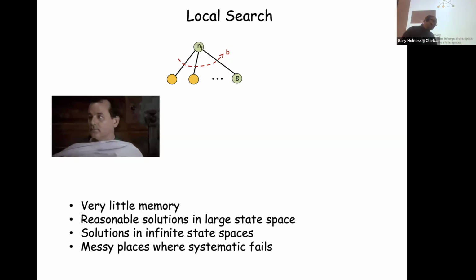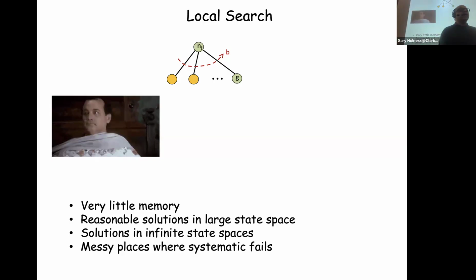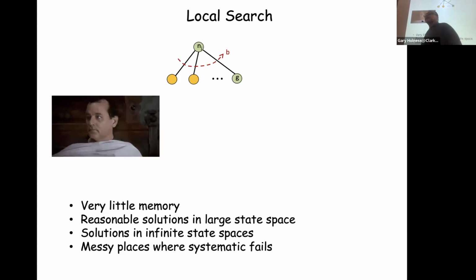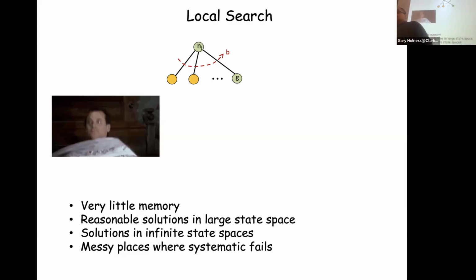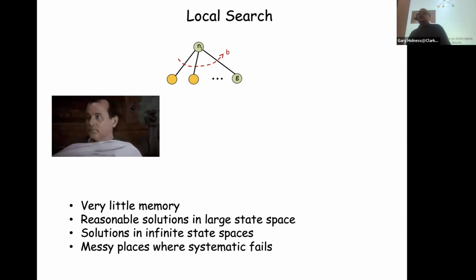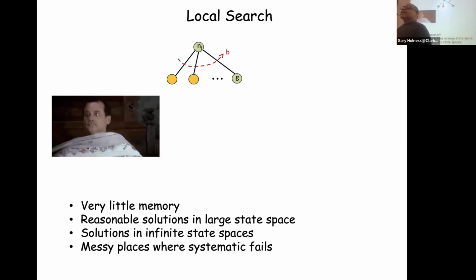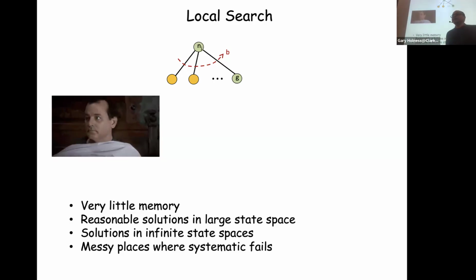And so this is one of those cases where you're trading off engineering practicalities against algorithmic progress, right? Because in the real world, you have to be able to compute it. Also, if you have infinite state spaces, a local search is more effective. So basically, local search performs better in all of those messy problems that you might encounter.